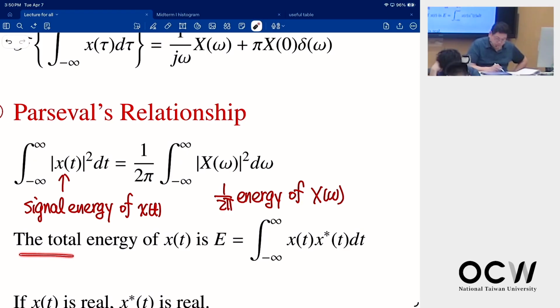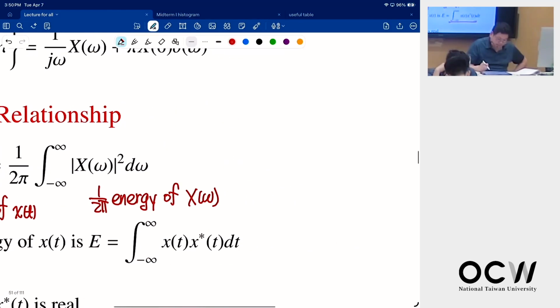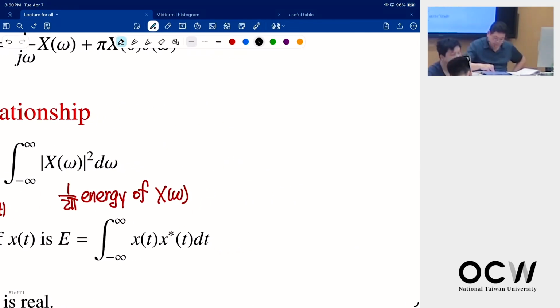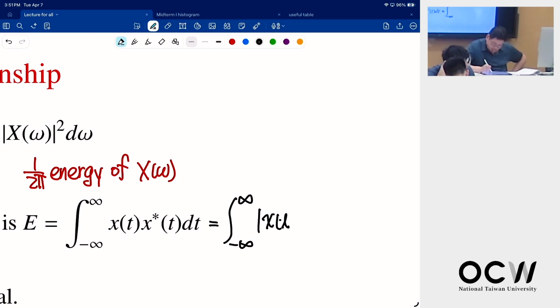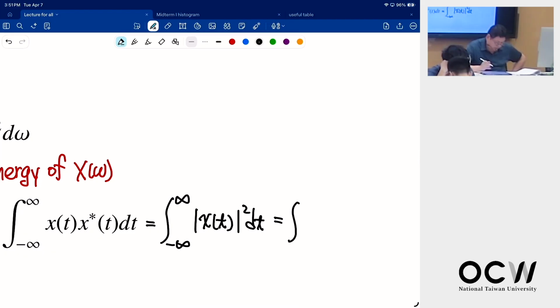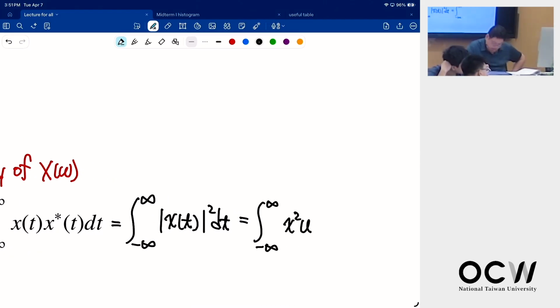So here is a note: the total energy of the signal is, here's the magnitude, then it is just x squared t dt.